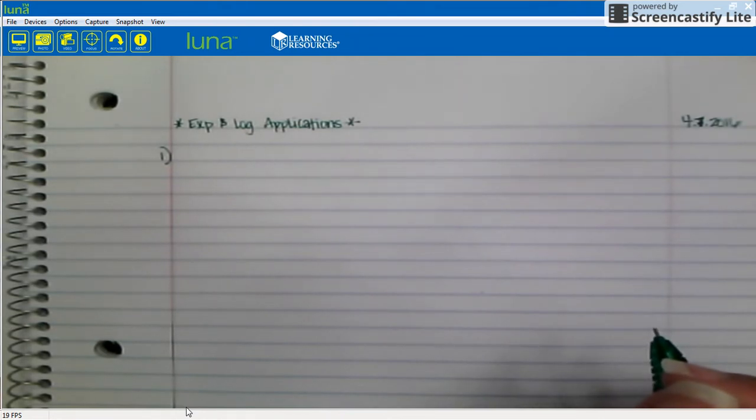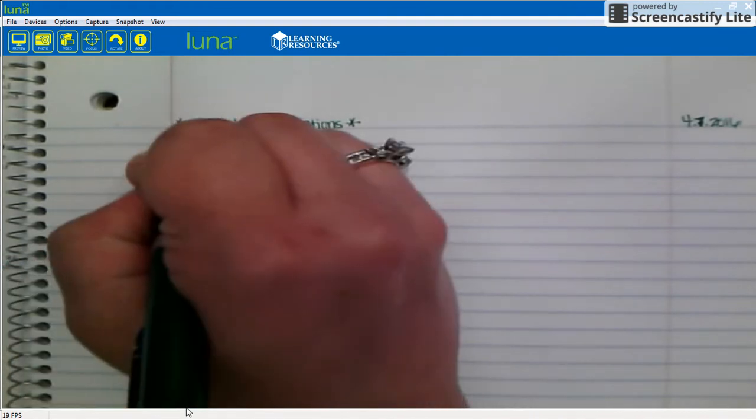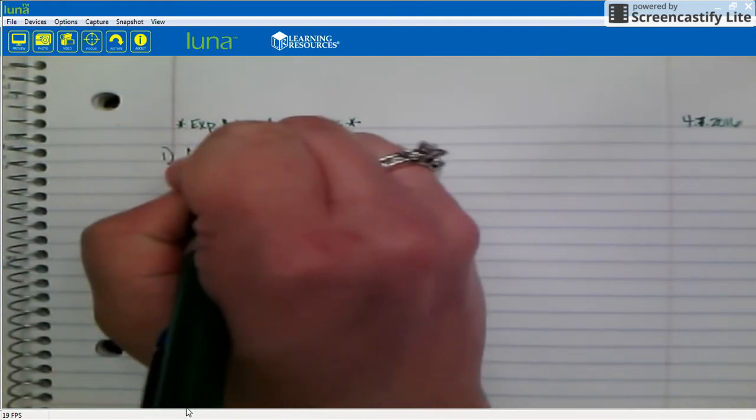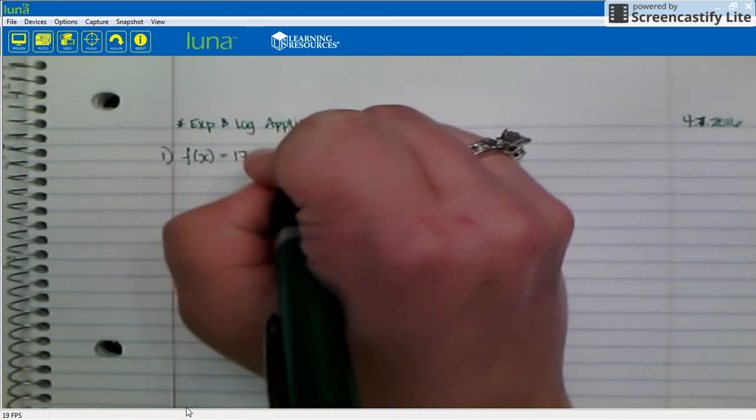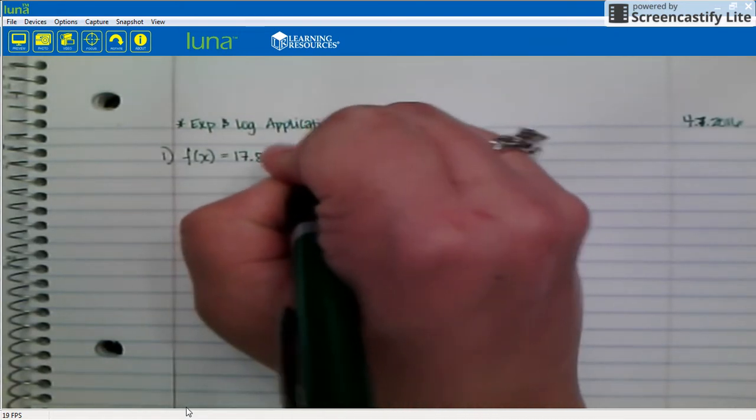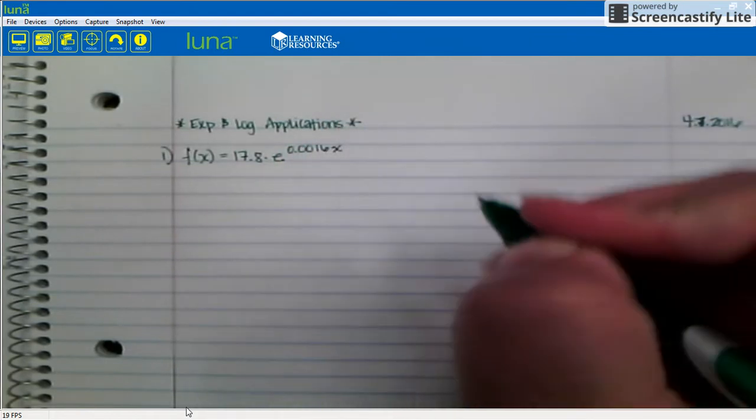So in number 1, in September of 1998, the population of the country of West Goma in millions was modeled by f of x is equal to 17.8 times e raised to the 0.0016x power.